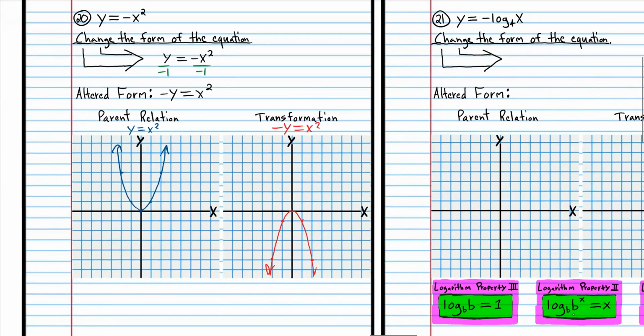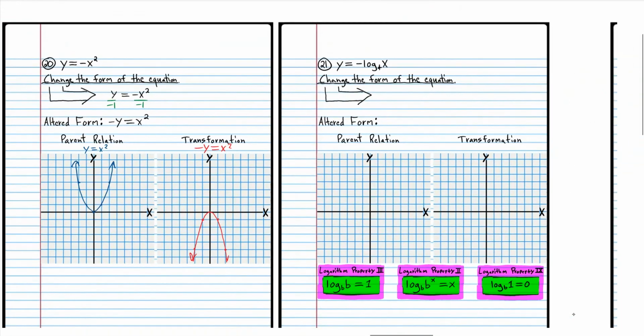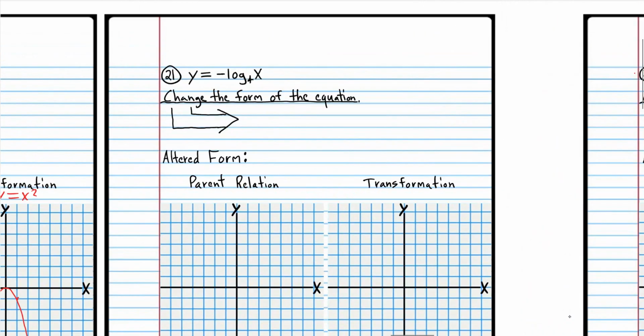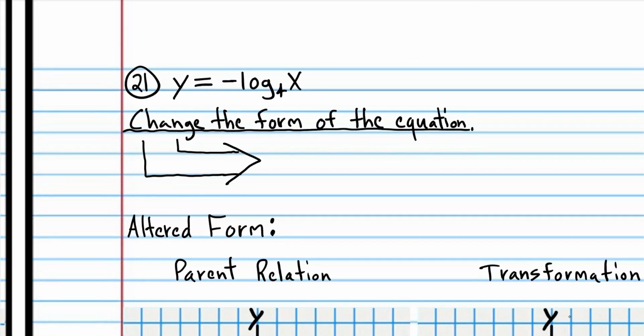And there you go. Okay, let's try one more of these before you try one on your own. So we're going to divide both sides of that equation by -1.